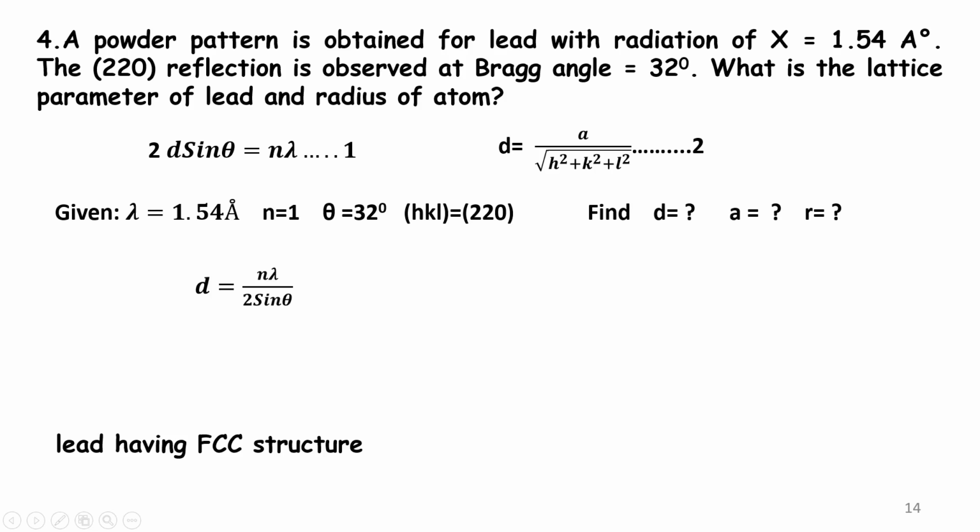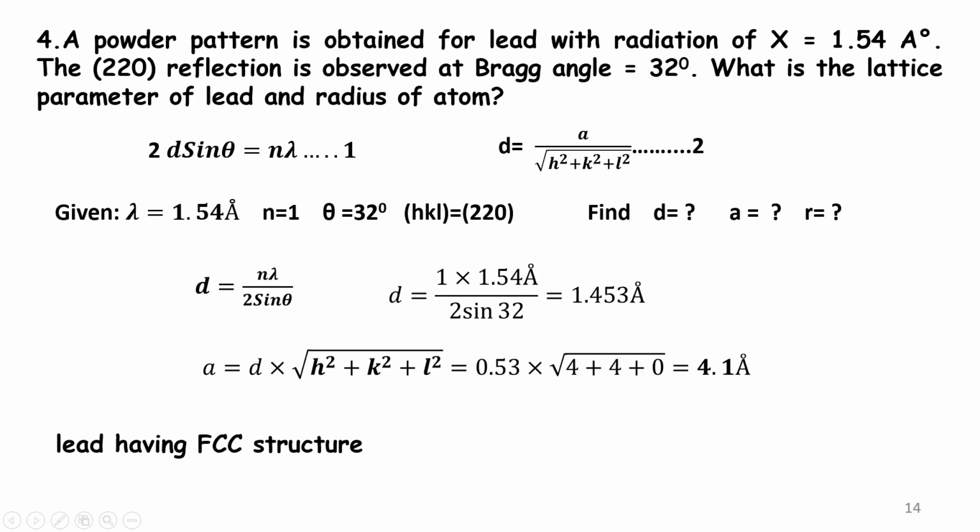So by using the Bragg's diffraction condition, we can find the value of d. By substituting these values here, we get d is equal to 1.453 angstrom unit.